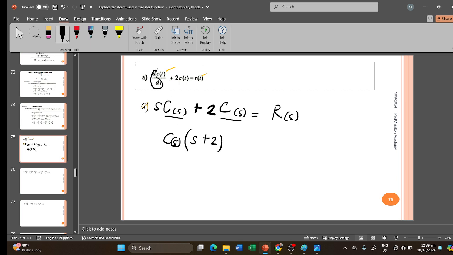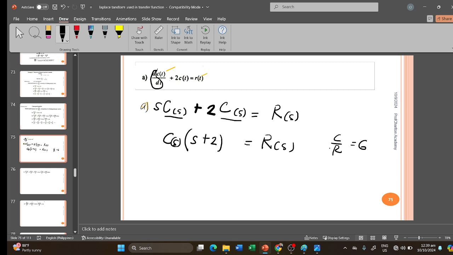So here C(s) S, and then 2C(s), okay? And then here is R(s). So our objective is C over R, which is G, the transfer function, controlled output over reference input.